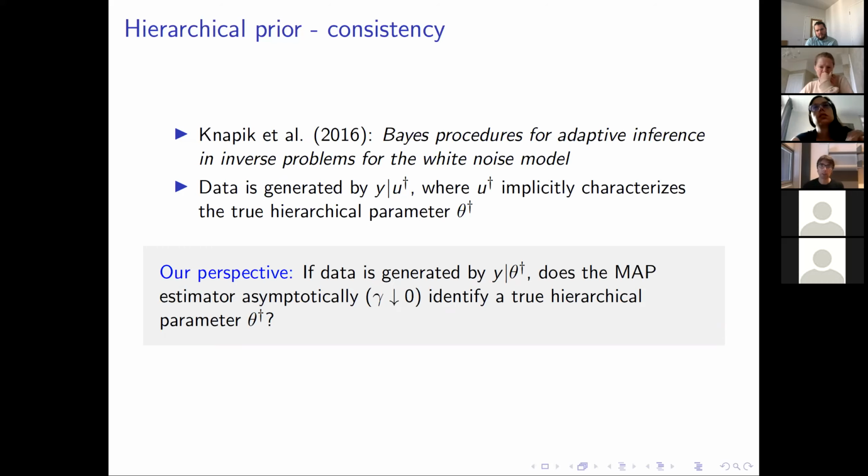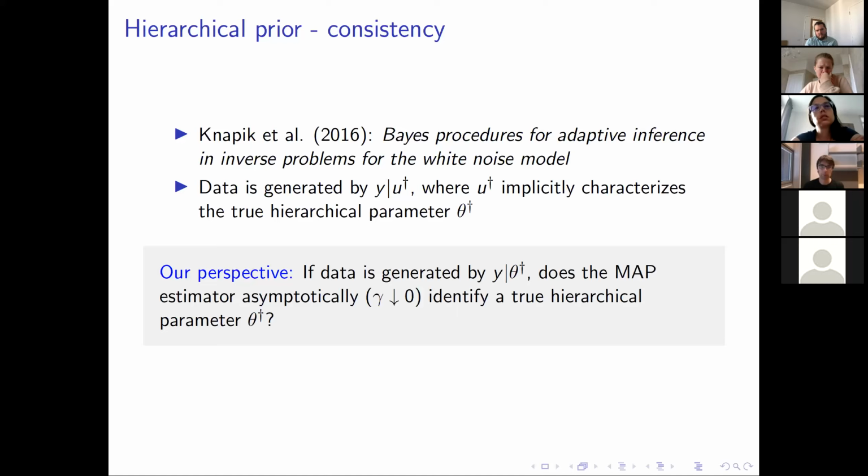So U dagger implicitly characterizes the true hierarchical parameter. So you are still going for consistency in terms of U dagger, but simultaneously you discover what the ground truth theta dagger is.